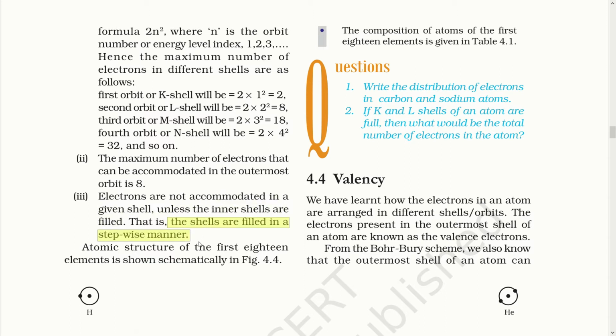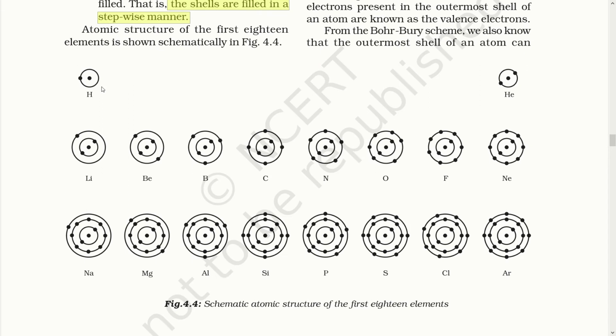The atomic structure of the first 18 elements is shown schematically in figure 4.4. So here you can see the number of electrons present in the orbit. As hydrogen's atomic number is 1, it contains 1 electron and it has 1 orbit. Helium has atomic number 2, it contains 2 electrons.